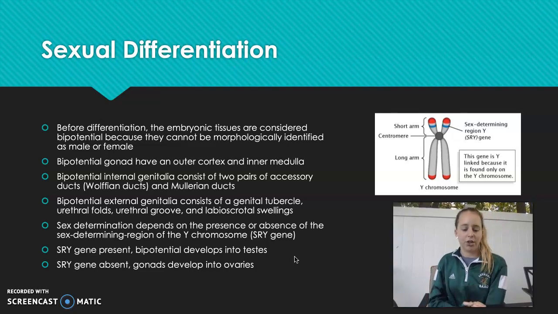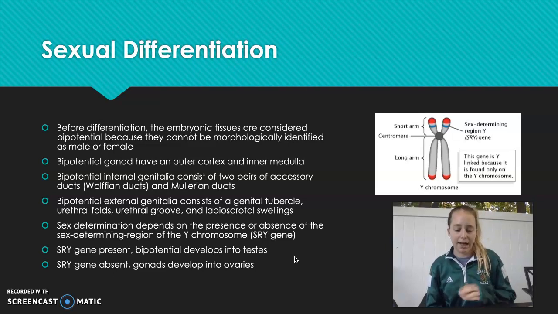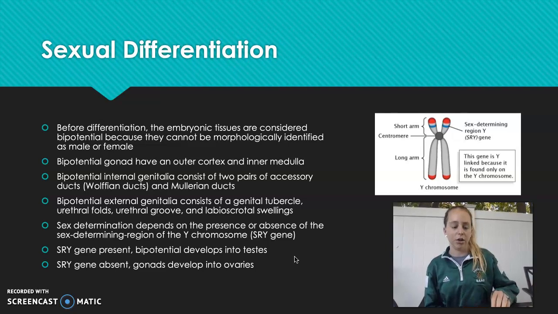So, sex determination occurs around the 7th week of development. Before sex is determined, the embryonic tissues are considered bipotential because they cannot be morphologically identified as either male or female. The bipotential gonad has an outer cortex and inner medulla, which will either develop into testes or ovarian tissues based on a certain signal.